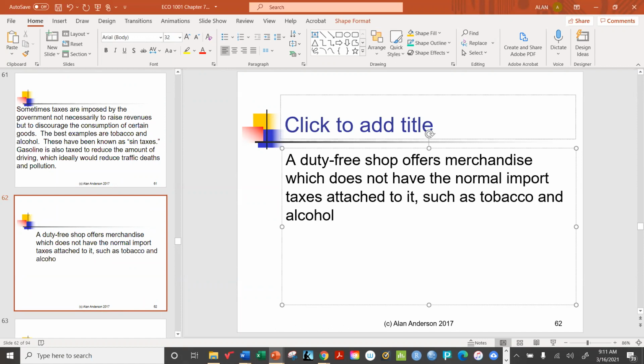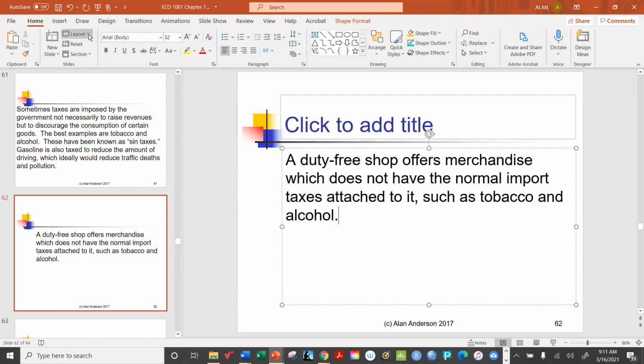But for some reason, you know what's also popular in those shops is perfumes. I don't know why perfumes would be heavily taxed, but apparently they are. So if you buy perfumes from foreign countries, you're going to pay a lot of taxes on it. I'm not so sure why the government would want to discourage perfume use, but certainly alcohol and tobacco are very important products in these duty-free shops.